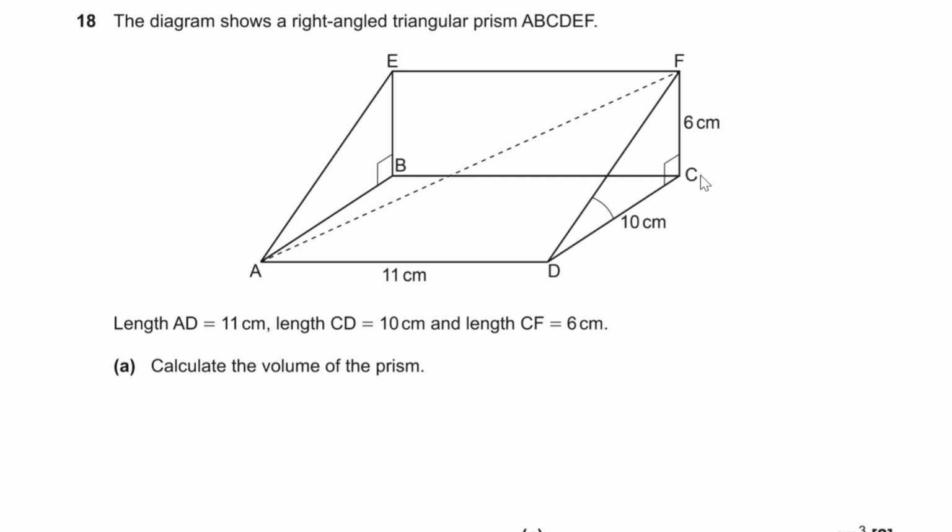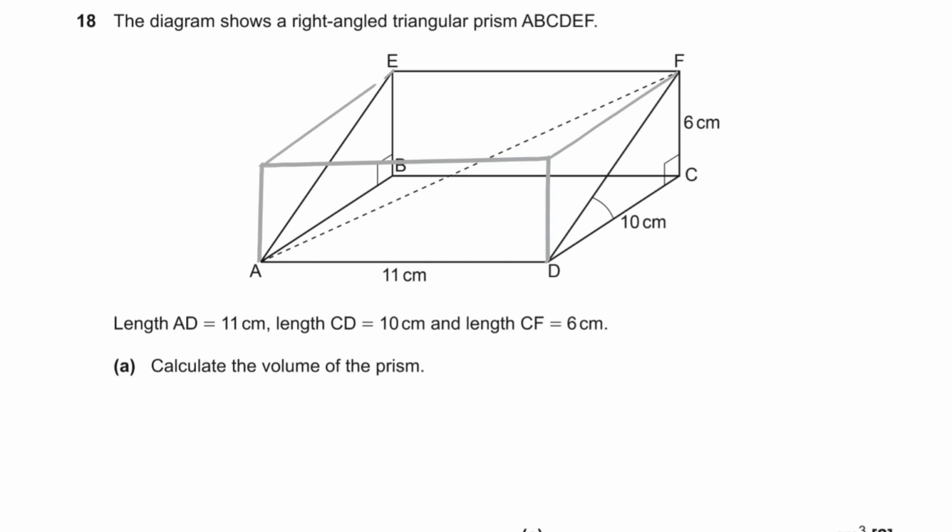And let's just demonstrate how that's the case. I'll draw a vertical line up from here, and then if we just show these lines over here, what you can hopefully see is how we have half of a cuboid.